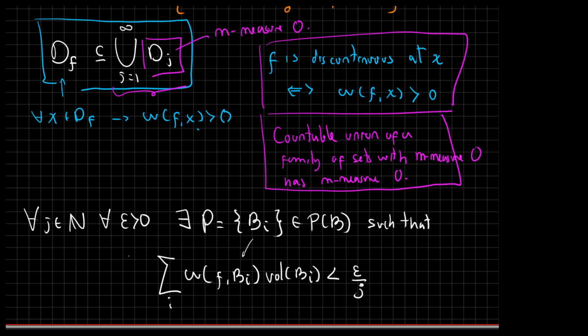And recall that this is a characterization of the functions that are Riemann integrable in some block: f is integrable if for each epsilon greater than 0, in this case epsilon divided by j, there exists a partition such that this sum is less than that epsilon. If we are assuming that this is true, then it holds the other side of the biconditional.